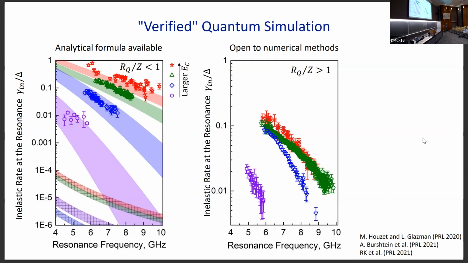And this kind of data, because we already verified it with the analytical expression, can be used to test, for example, your numerical algorithms, or maybe test some digital quantum computers which can simulate the same problem. And that's to the question of verifying quantum simulation.